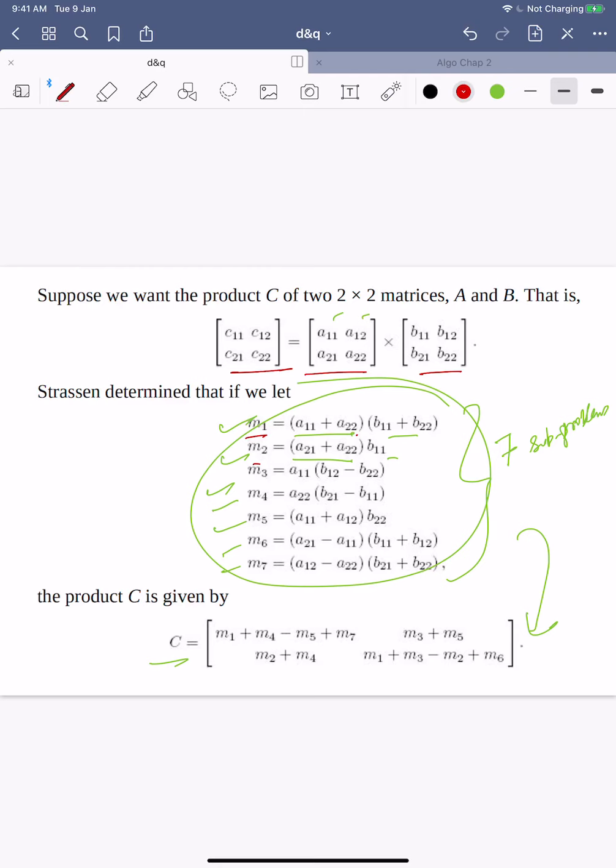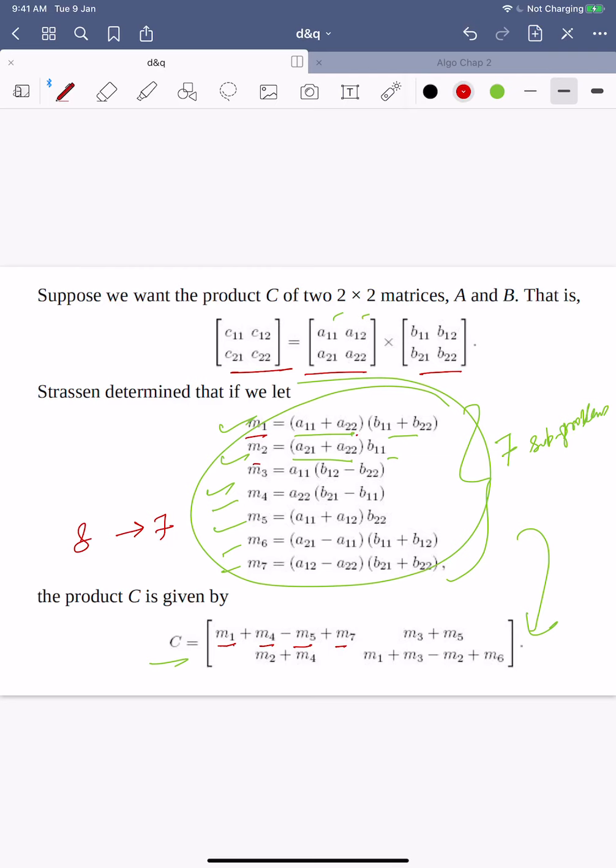And then in terms of these 7 terms, he wrote the final matrix C, m1 plus m4 minus m5 plus m7, and so on. You see some sort of symmetry, but I don't know how he came up with this. But he came up with this, and this is the exact solution. And he went from 8 to 7 subproblems.